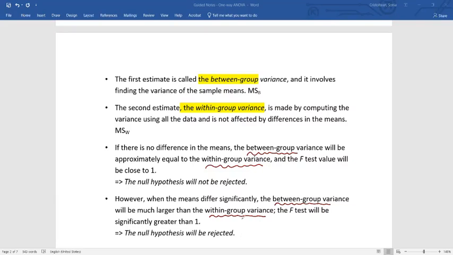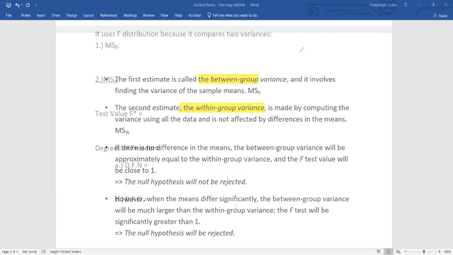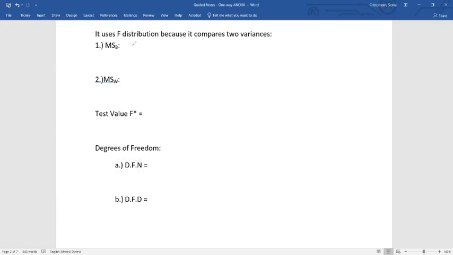So let's take a look at more formulas, and we will arrive at the test statistic formula. Just to recap, ANOVA uses the F distribution because in order to see if there is a difference between means, it first goes through the two variances. It uses the first to estimate the mean square between, and the second estimate measures the variation within samples and uses all the data.